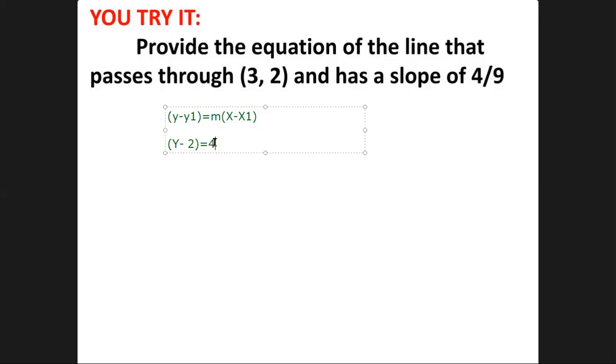The m represents the slope. The slope here is 4 over 9. And then we have x minus x1, which is 3.